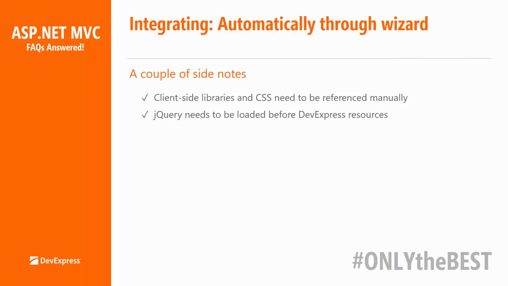If you're not using jQuery at all, don't bother, because we'll supply jQuery for you. In case you are using your own jQuery version, you need to change a setting in the web.config that we should not provide the jQuery which is embedded in our resources. That's one little thing to think about.